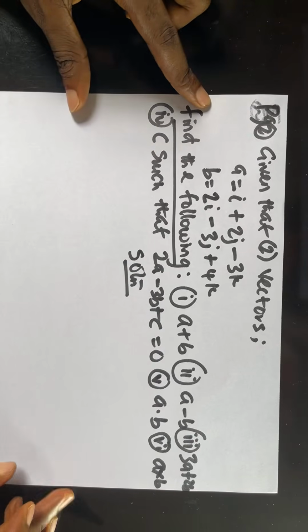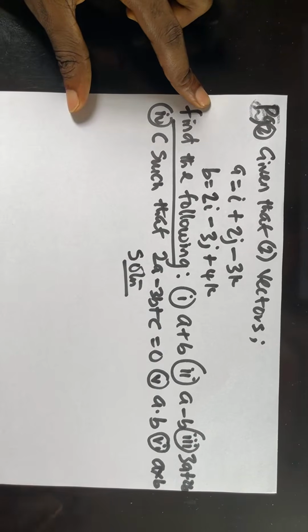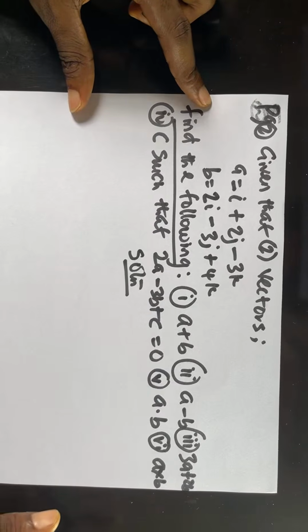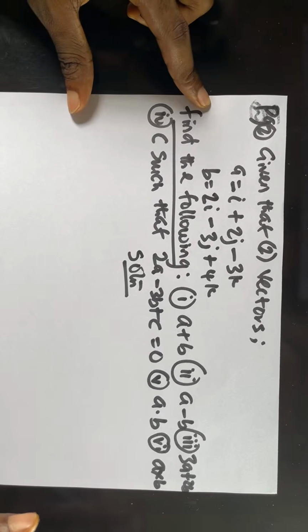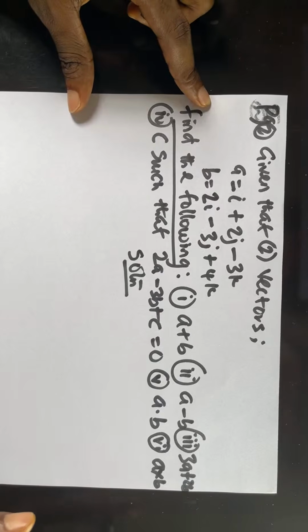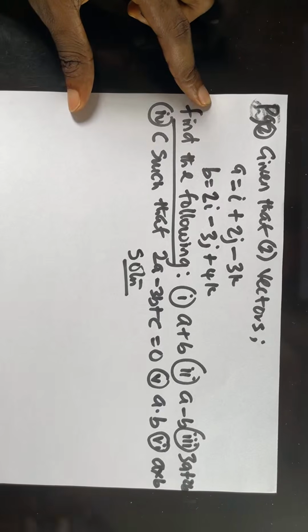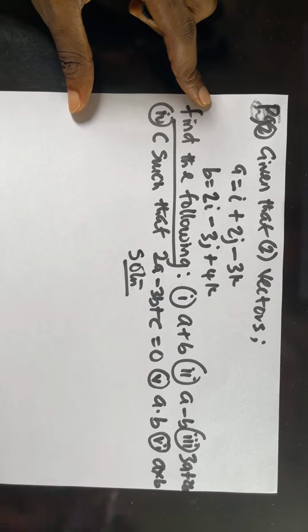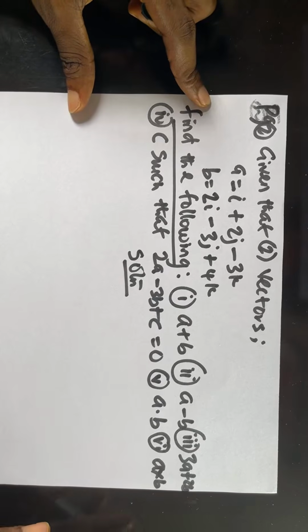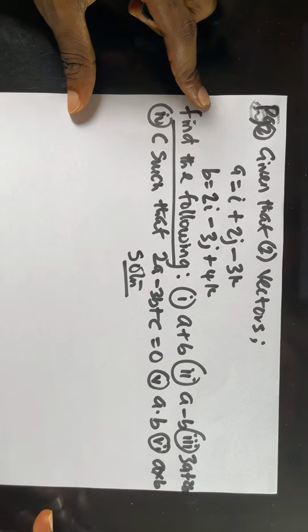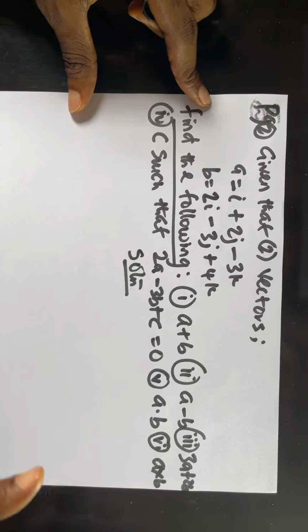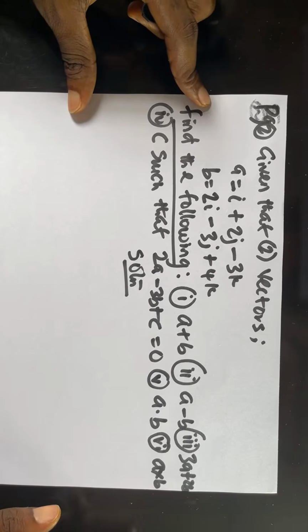Please take note, you need to be very, very careful when solving vectors. One of the major problems when it comes to solving a vector is always sign problem. You might solve it and think you are correct, but after solving it, you see that you made some error in putting the sign in order.